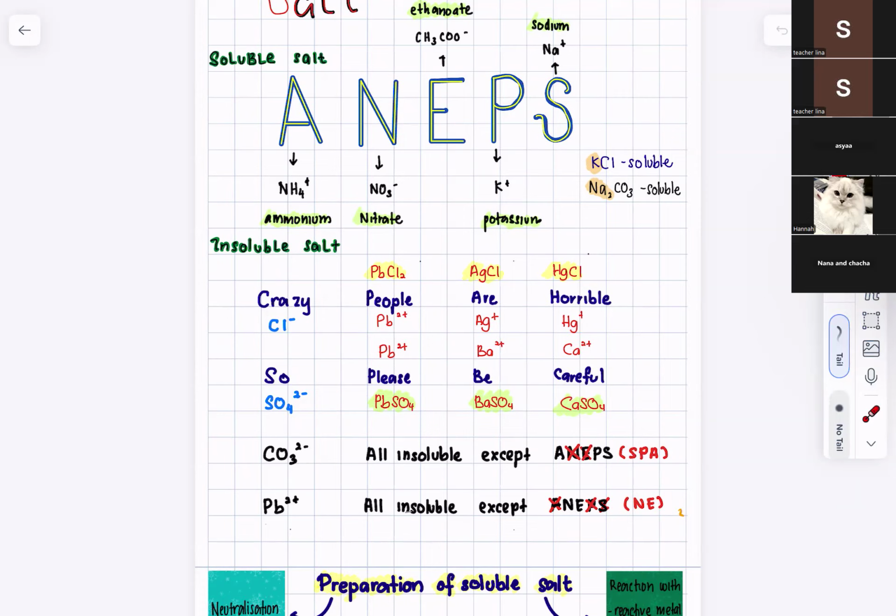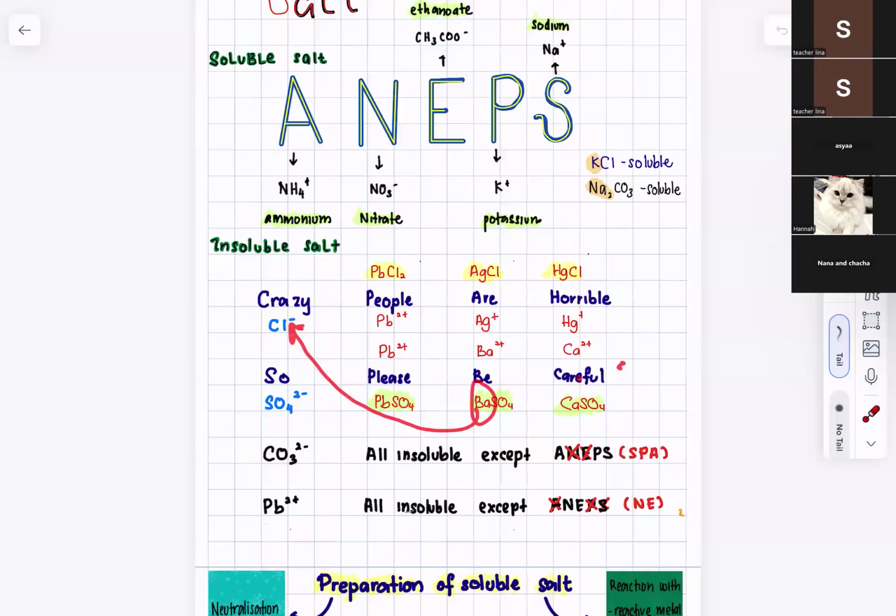Focus on that one. Okay. Ammonium nitrate. Soluble. Okay. Barium chloride. Insoluble. Barium chloride, this one.